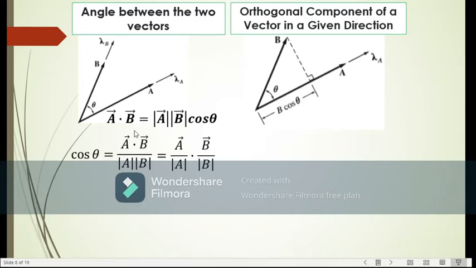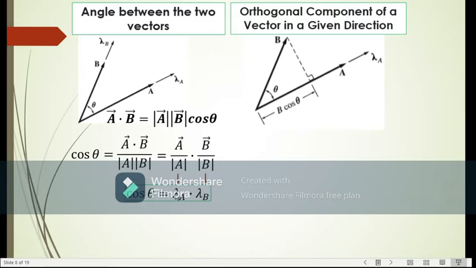We can also rewrite our formula as vector A divided by magnitude of A dot vector B divided by magnitude of B. Or we can also rewrite this using our lambda sign.